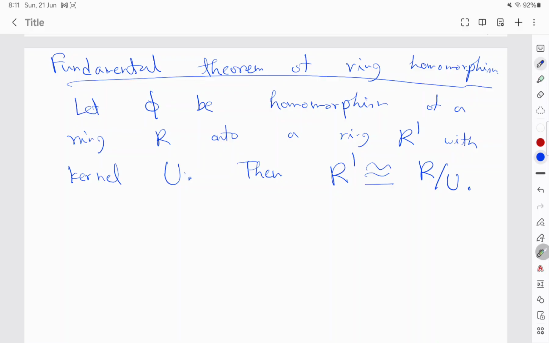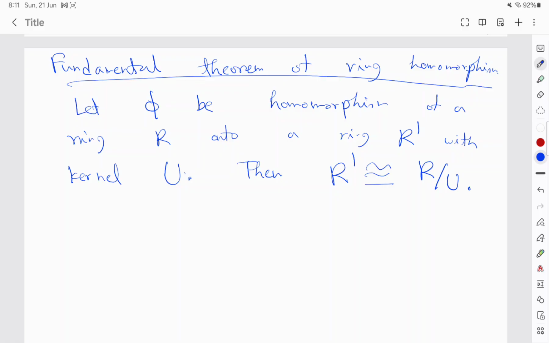Here basically you have to use the natural homomorphism map, because you know that from R to R by U you have a natural homomorphism, which we will use.